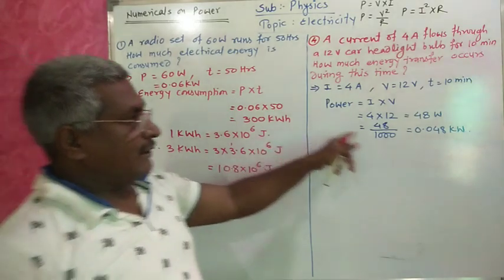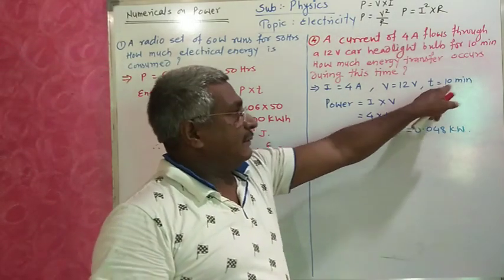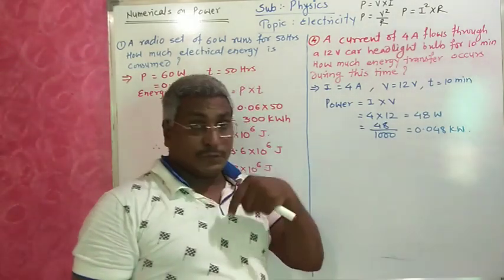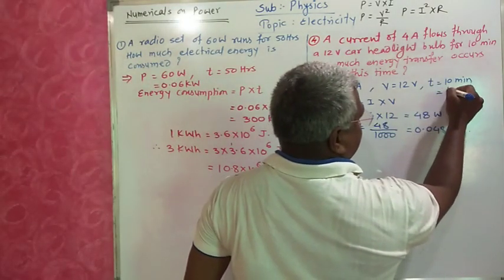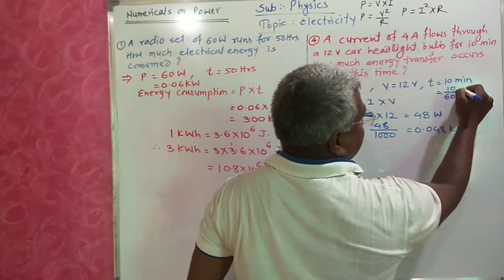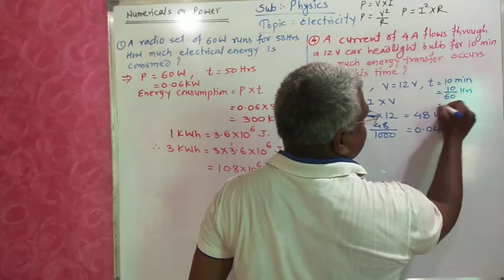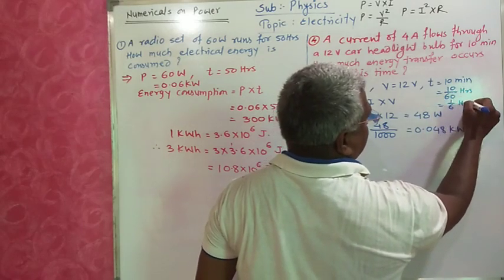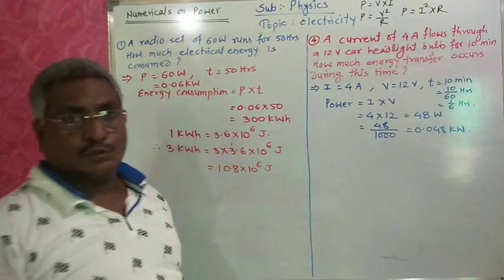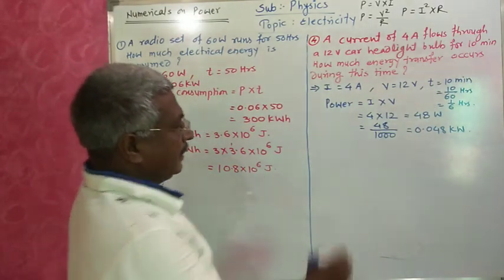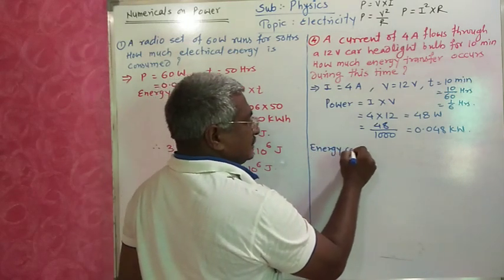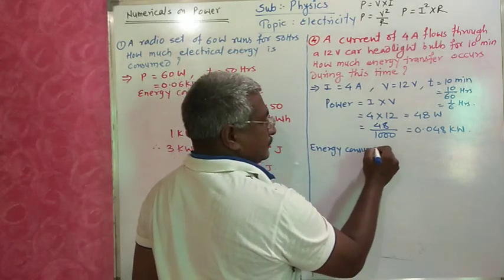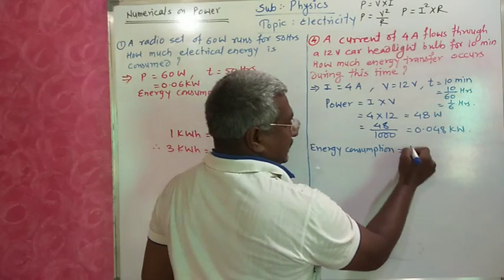Now we got the power in kilowatt. Time is given in minutes, but we want it in hours. So we convert 10 by 60 hours, which means 1 by 6 hours. So time is also converted. Now energy consumption. What is the formula?